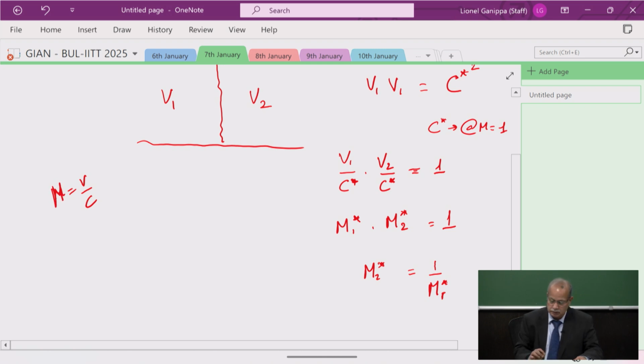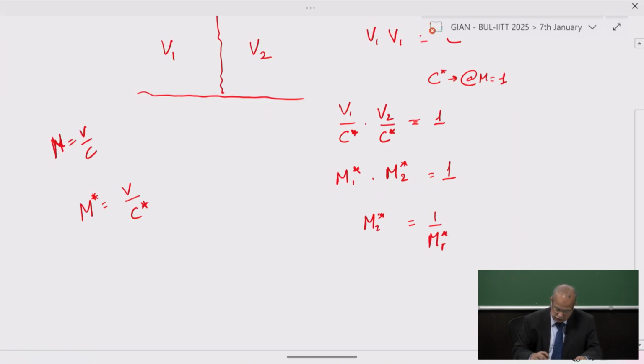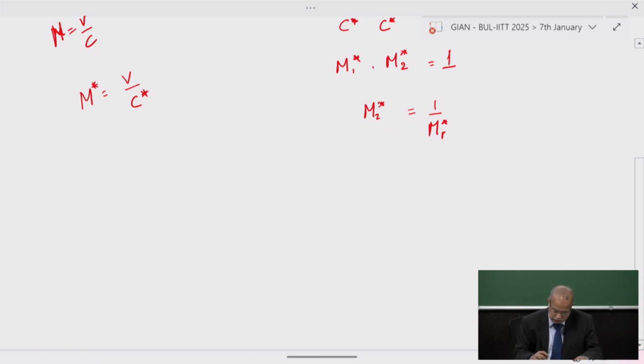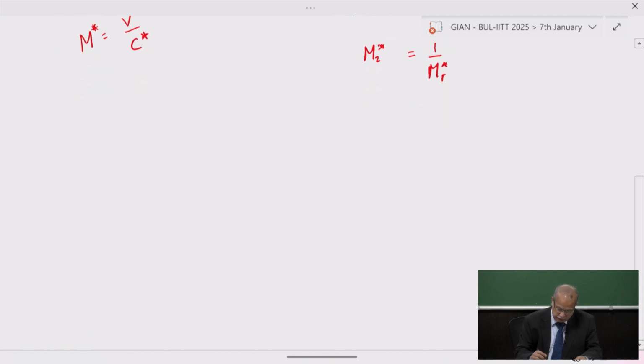So this is the normal definition. Understood this one? Yes. This is the normal Mach number. Mach number is equal to V by C. But Prandtl's proposition was that it is divided by the characteristic speed, and that Mach number, M star, is the characteristic Mach number. In many ways, they are equivalent to the local Mach number. For example, the characteristic Mach number has a finite value.